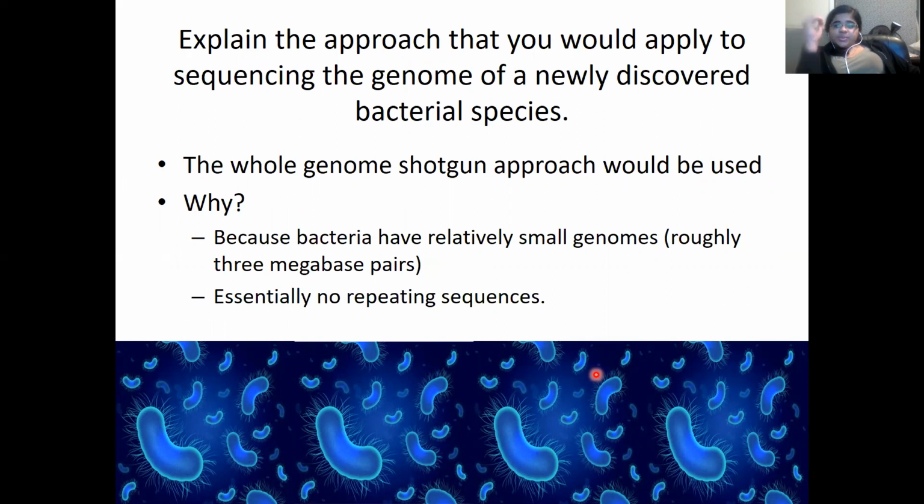Explain the approach that you would use to apply to sequencing the genome of a newly discovered bacterial species. So in this case, you would definitely use the whole genome shotgun approach because bacteria have relatively small genomes, roughly around 3 megabase pairs. And there are typically no repeating sequences.